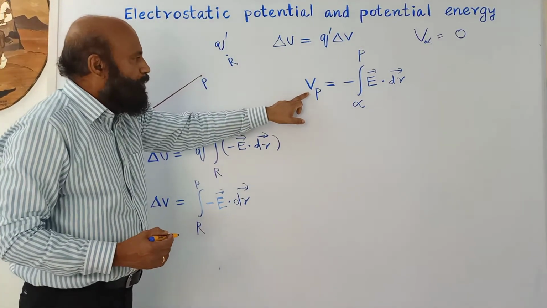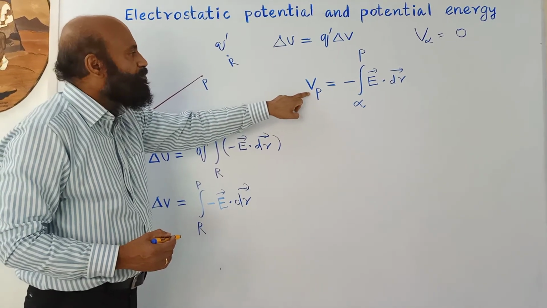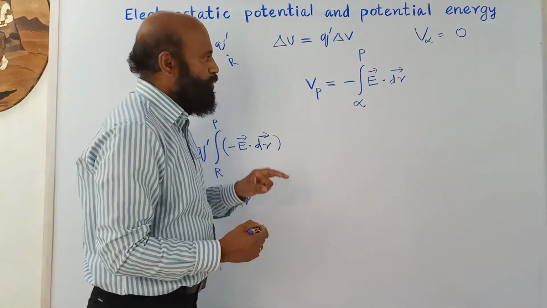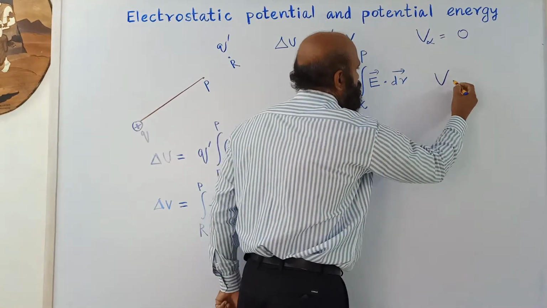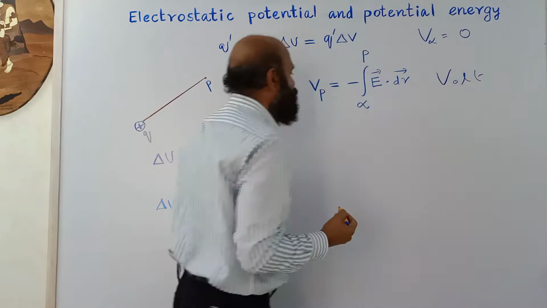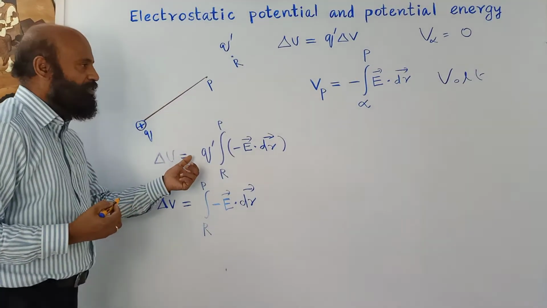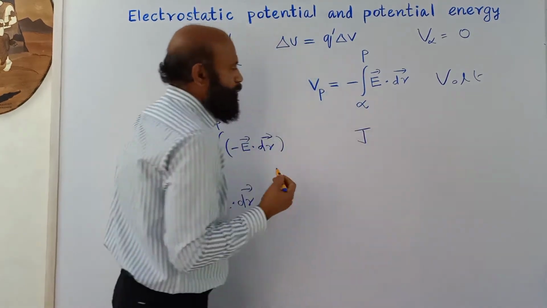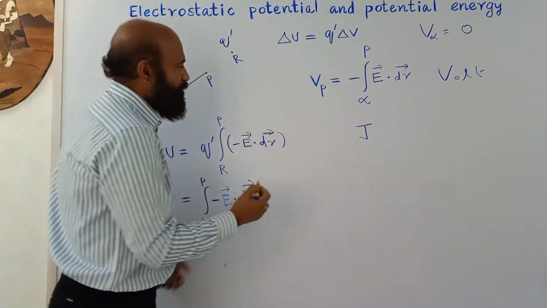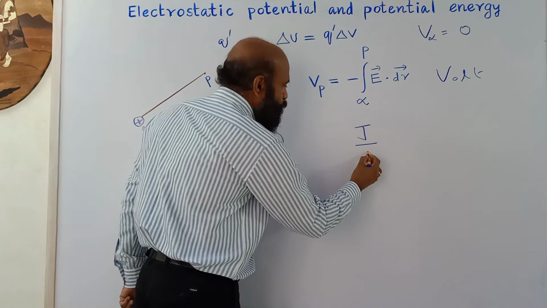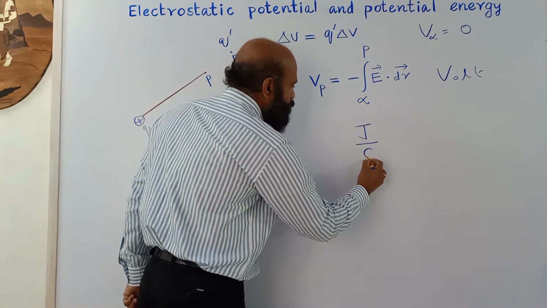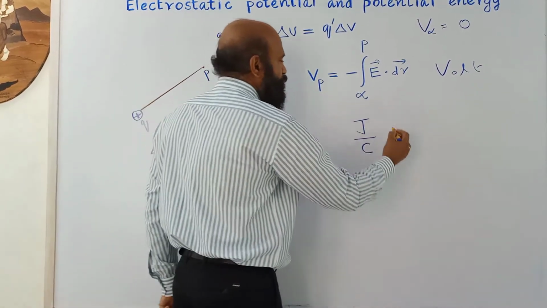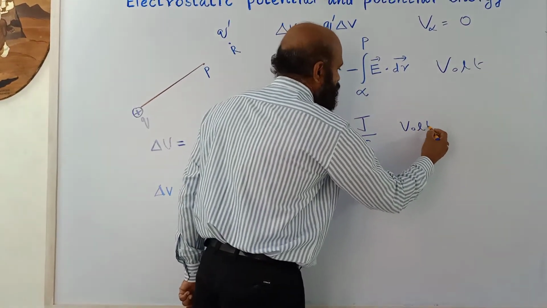Then potential at a point is measured in a unit volt. Potential is the amount of work done. Work is measured in joule, per unit charge, charge is measured in coulomb. So joule per coulomb. So volt is the unit.